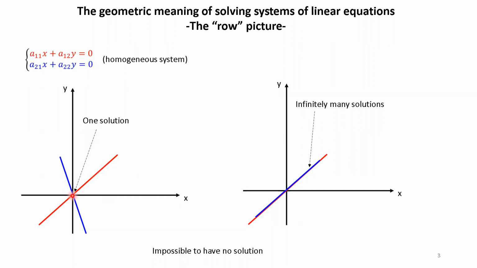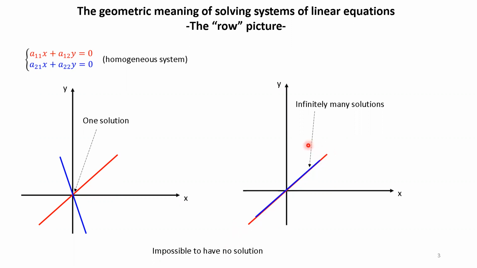Now if the two lines have the same slope, and both are required to pass through the 0, 0 point, then the two lines will entirely overlap with each other. In this case, you can find infinitely many solutions. Any point along this line is a possible solution.